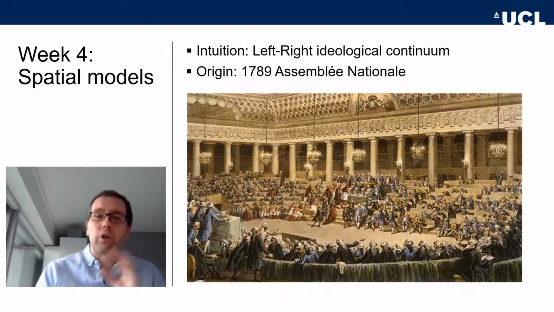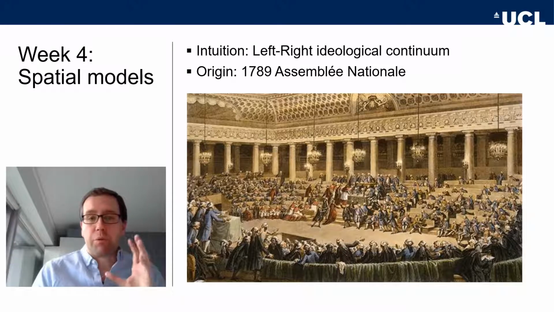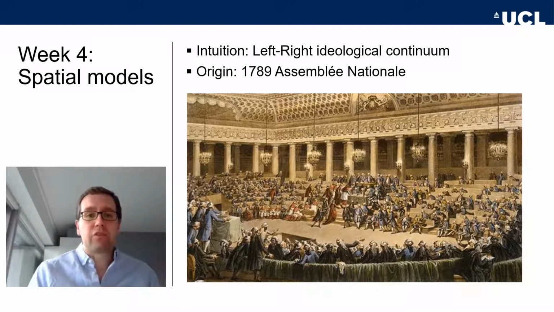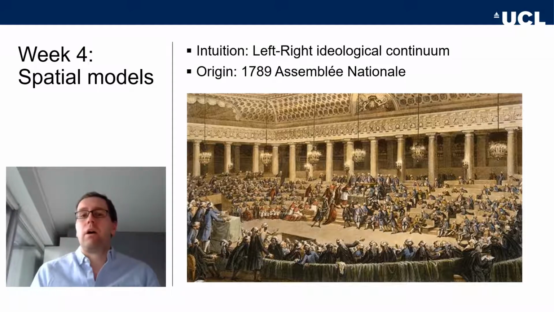So, what are we going to look at today? Specifically, we're going to look at the median voter theorem, in the case of committees and assemblies, parliaments, so relatively small groups, and we will revisit our running example of the Brexit votes last year.